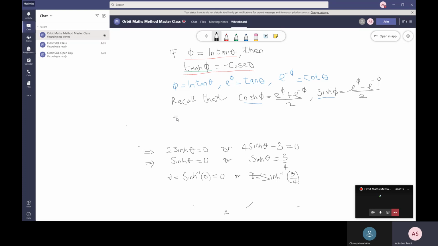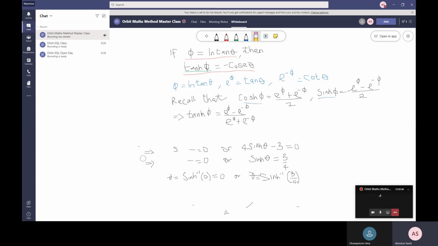That implies that tanh phi will be equal to exponential phi minus exponential minus phi, all over exponential phi plus exponential minus phi, right?